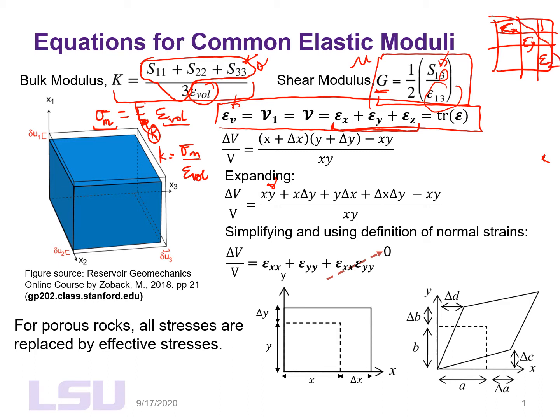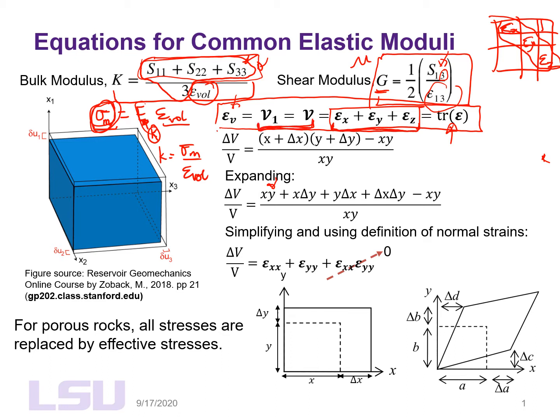So the trace is the sum of the diagonal terms, and that is your volumetric strain. Notice here it is just the trace, whereas mean stress is a third of the trace. So that's mean. Mean means average, right? Whereas volumetric strain is just the trace of the strain tensor. And it could be written in these different forms.